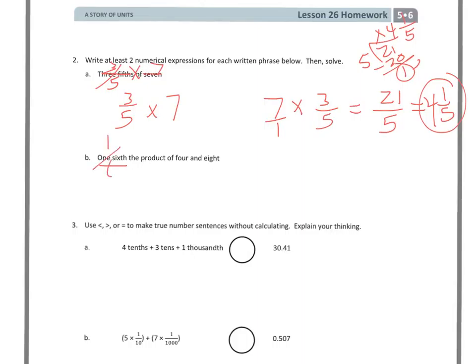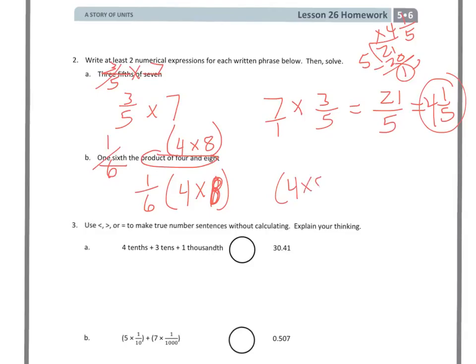So I'm taking 1/6 of this product, meaning I should multiply those two first, because it wants to find the product of these two and then take 1/6 of it. And then I could obviously change this around to look like this. And I'll leave you to solve that.